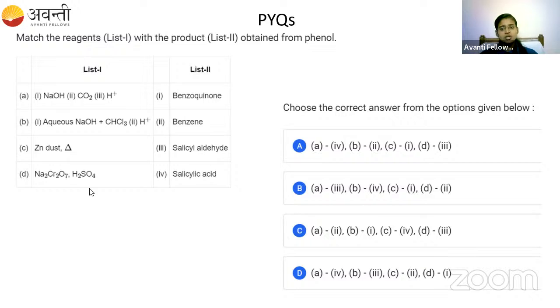Rukmini, are you sure that option D is the correct answer? Let's wait for others also. Okay, let's wait for others' reply. And then we will discuss this and find out whether D is correct or not. Everybody is going for option D. What about others?